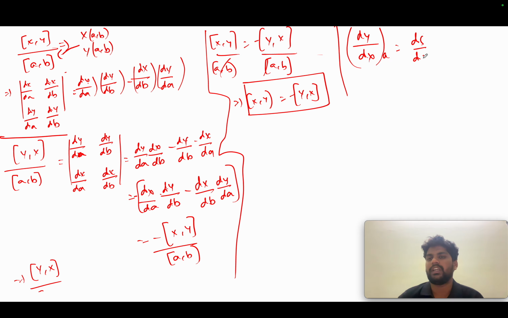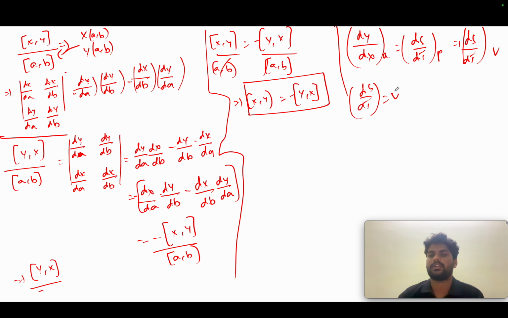Say ds by dt at constant pressure, or ds by dt at constant volume, or we know that dg by dt is nothing but minus s, and dg by dp is volume.